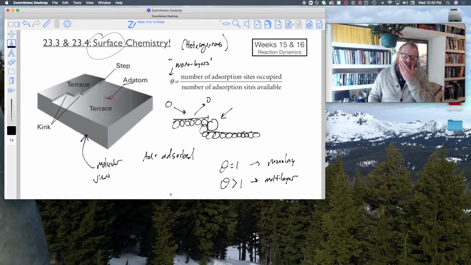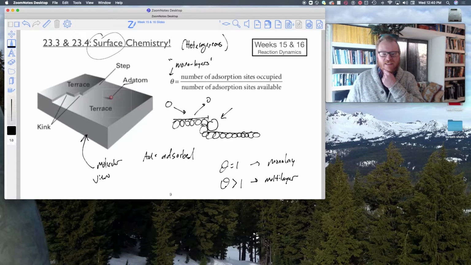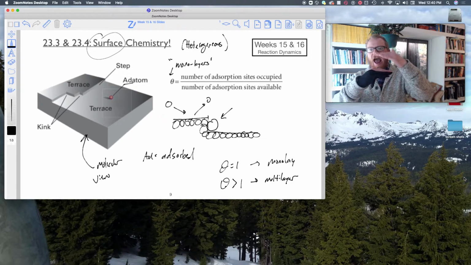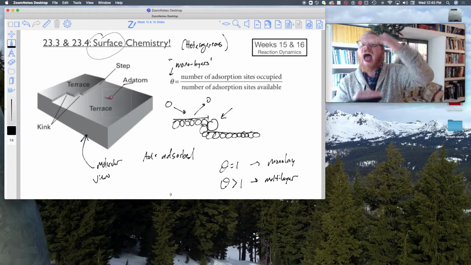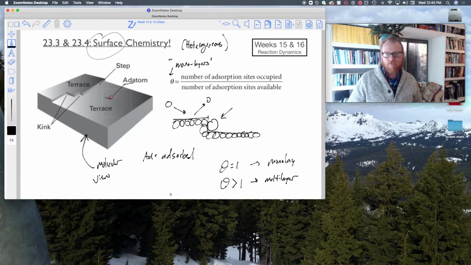Typically, multilayers are only observed in things like water or ammonia. This is what I did in grad school: I looked at water monolayers and multilayers on atmospheric surfaces. Water will definitely just keep adding and adding. It will add multilayers, and that's because of the hydrogen bonding network that it can create with itself.